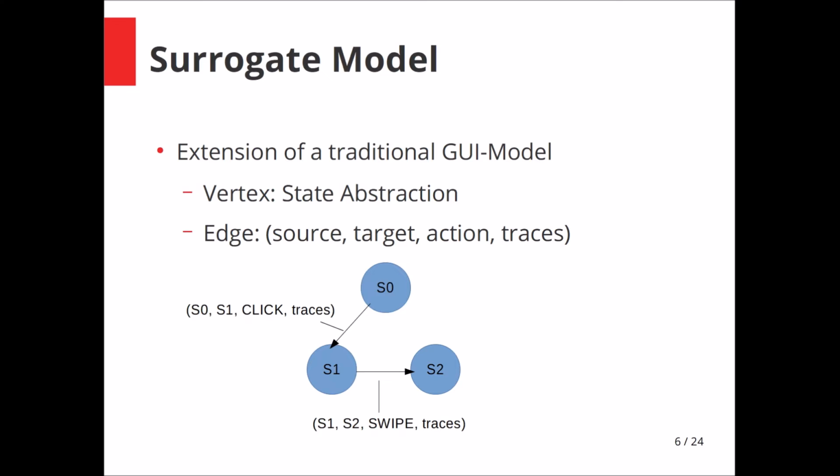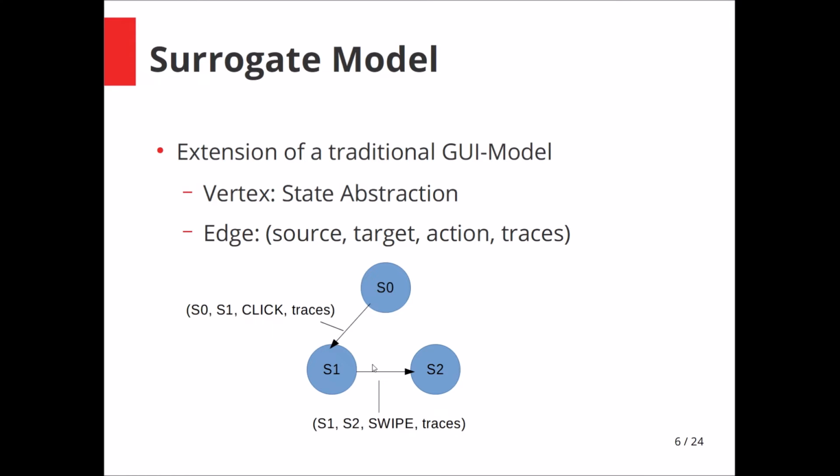The traces serve as input for the fitness evaluation. The objective of the surrogate model is the prediction of the outcome of actions, that is, the set of traces and the resulting target state. By doing so, we can save the costly execution of actions.